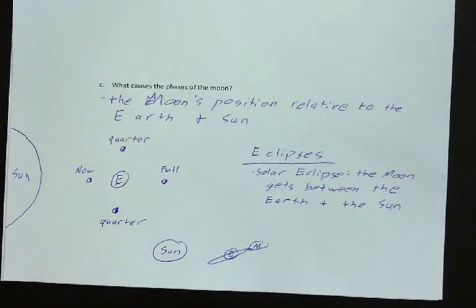And the moon is the exact right distance away and is the exact right size to do something really, really cool. And that is to completely cover up the sun.